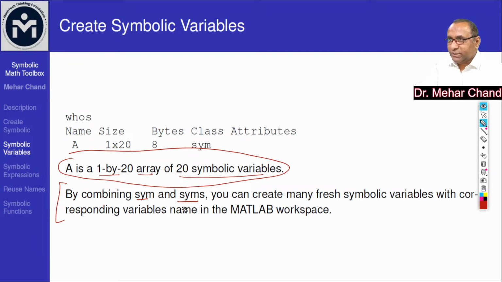So this is the use of sym and syms, and many times we will use these two functions in the coming sessions. You just need to understand, and if you have a question, don't worry, but the concept must be very clear. When you use it and practice on it, it will be much more understandable for you.